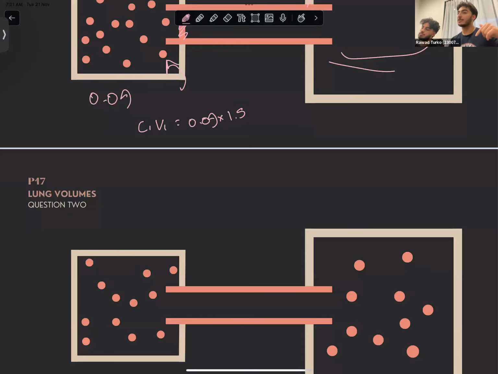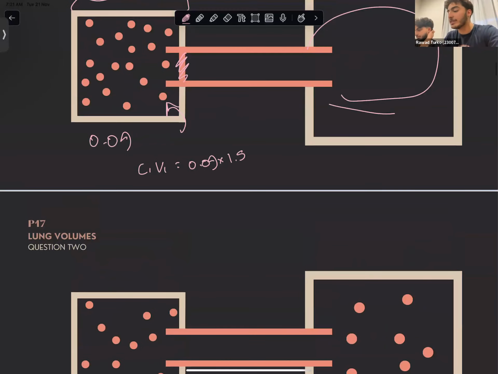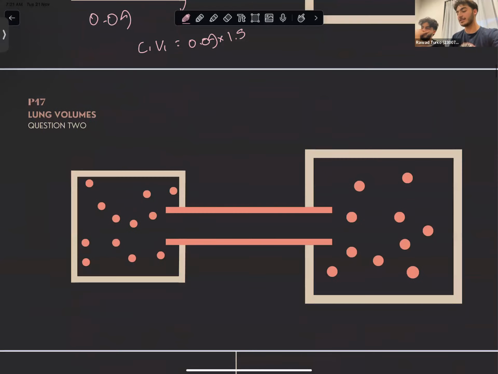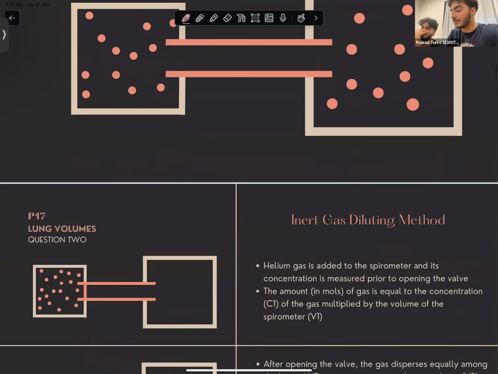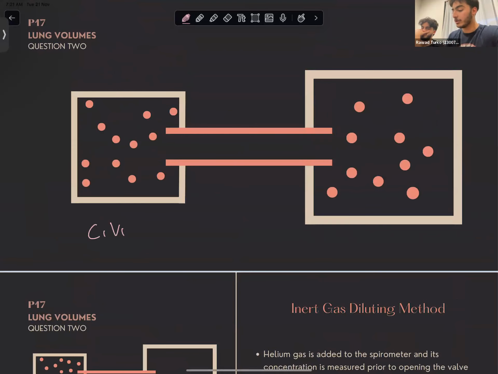And what would happen to the volume? Obviously, it increases. But we still have the same amount of gas here in this figure as in the previous one. That's why we derive the formula C1V1 equals C2V2. Basically, the gas that was here is equal to the gas that's now all over these two compartments.